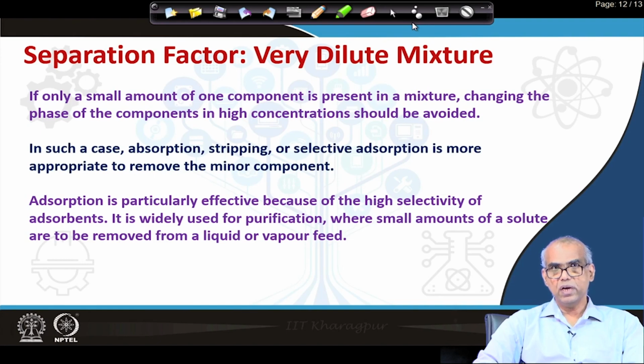Adsorption is particularly effective because of the high selectivity of the adsorbents. It is widely used for purification where small amounts of solute are to be removed from a liquid or vapor feed.